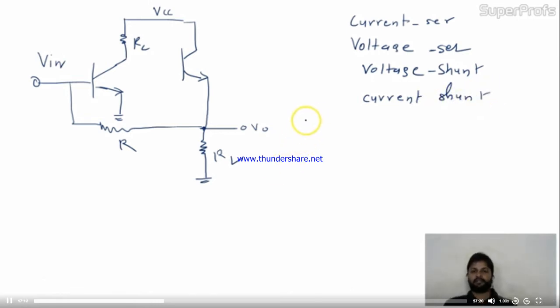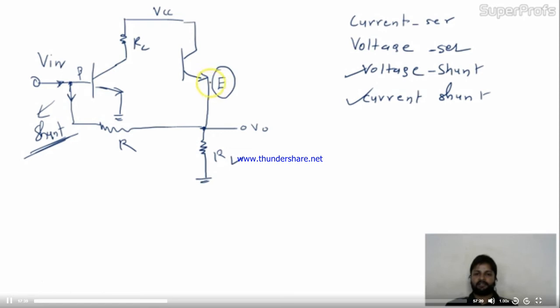Okay, friends. So, see, this is the input stage and this is the base stage. And we have seen earlier the base is shunt. So, input stage is clear, it's a shunt. So, you are having only two options remaining with you. Okay. Shunt means its two branches are connected in parallel. Going to divide, resistance is going to divide. But though this is the emitter side, and earlier I told you, if anything goes from emitter, you have to take it series.